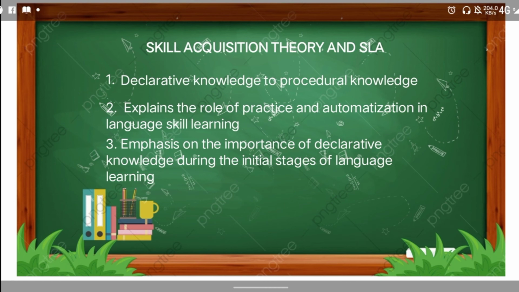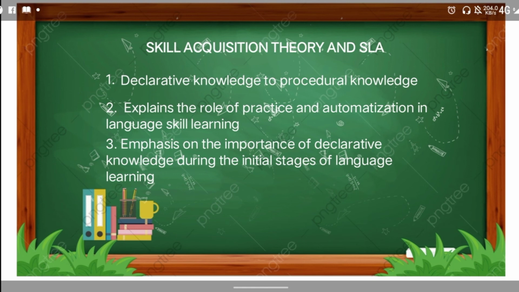Indeed, with the introduction of the communicative approach, there appeared a strong tendency to overlook linguistic forms and to neglect the teaching of grammar. So this, according to DeKeyser, ignored the importance of establishing declarative knowledge.